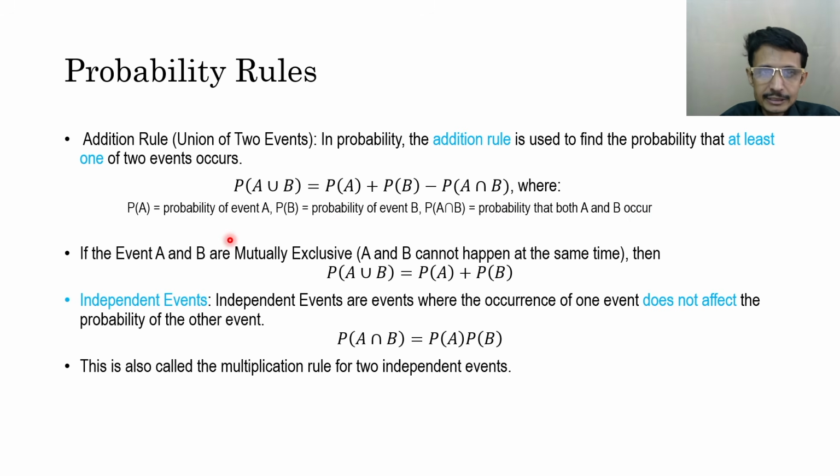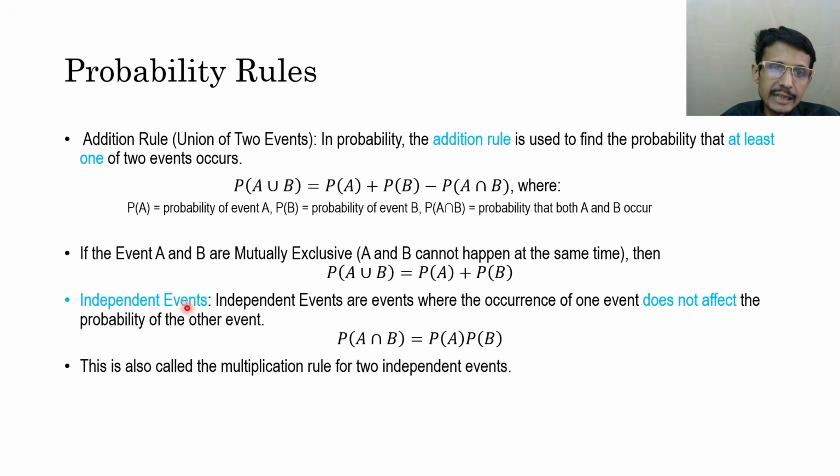Now, if events A and B are mutually exclusive, that means A and B cannot happen at the same time, then P of A union B is P(A) plus P(B). So this is the addition rule.